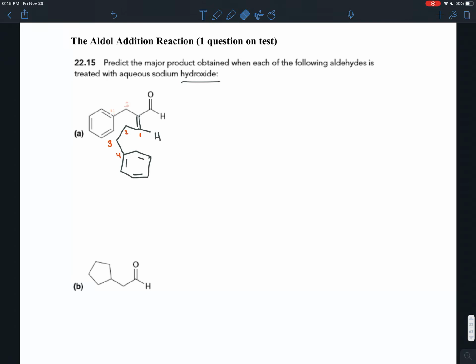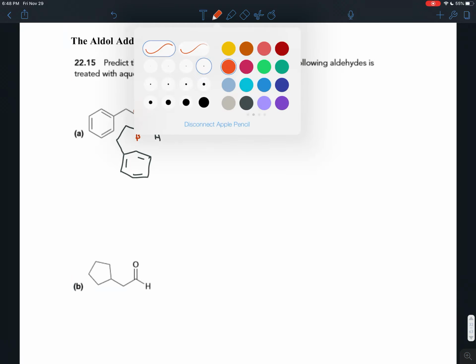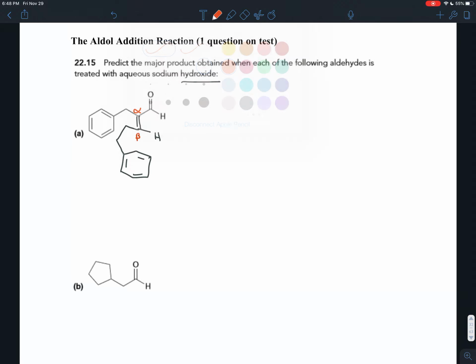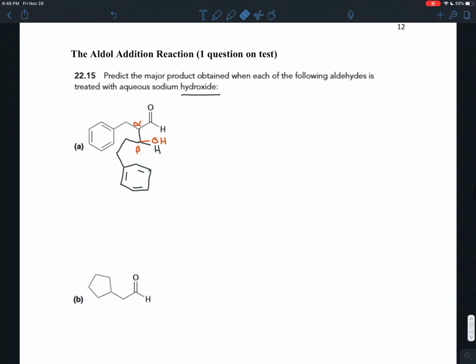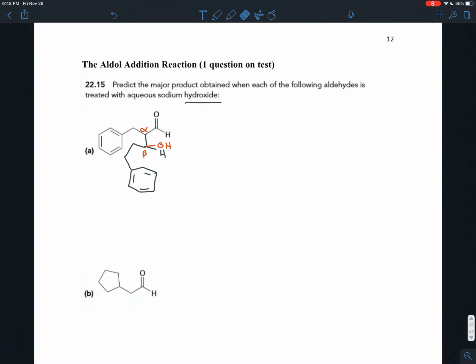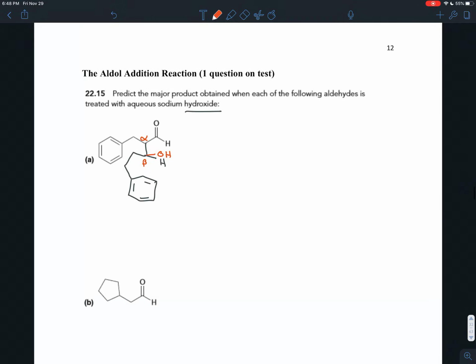Remember that the alpha carbon is the one next to the carbonyl. The beta carbon is the one after that. On the beta carbon, add an OH. And lastly, erase the double bond.